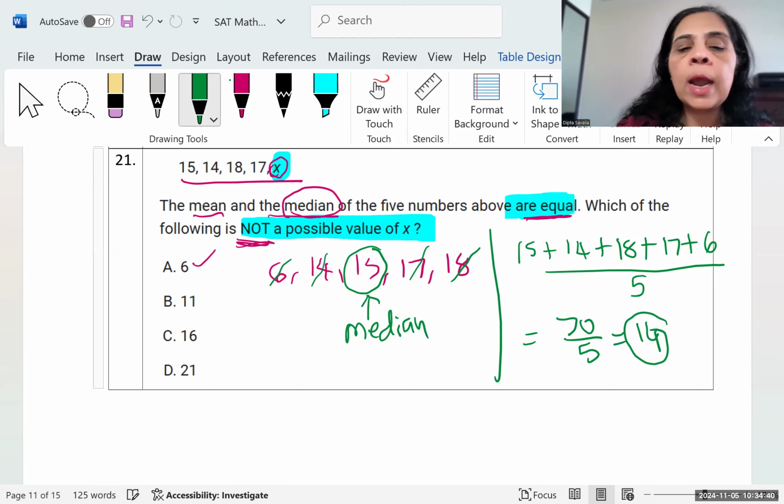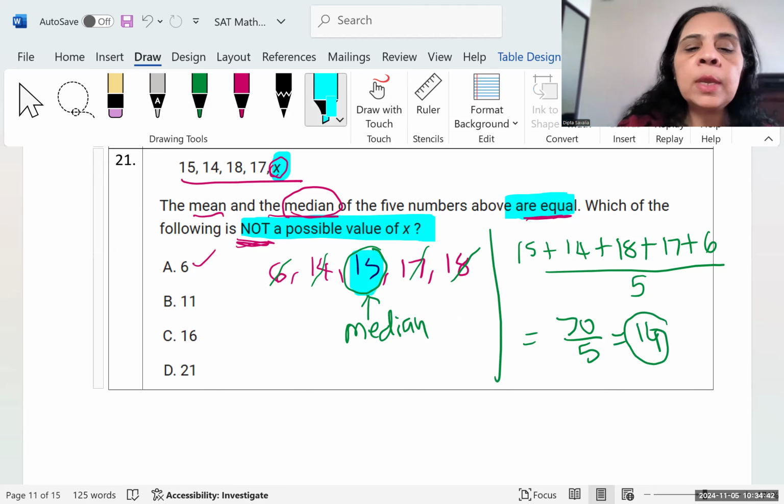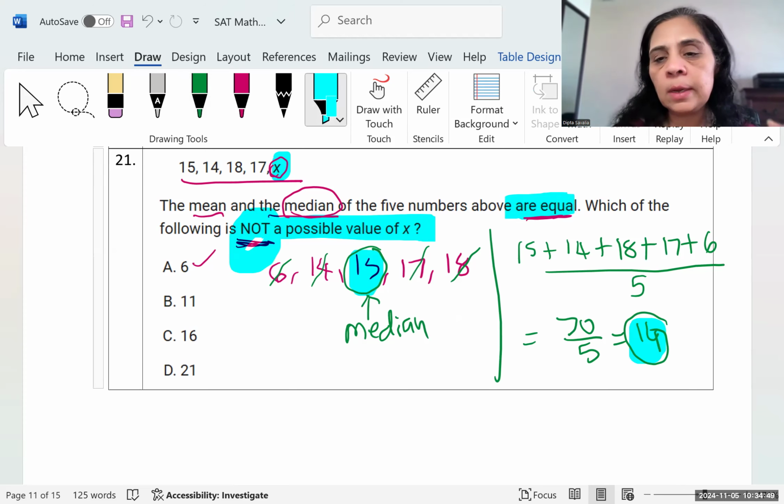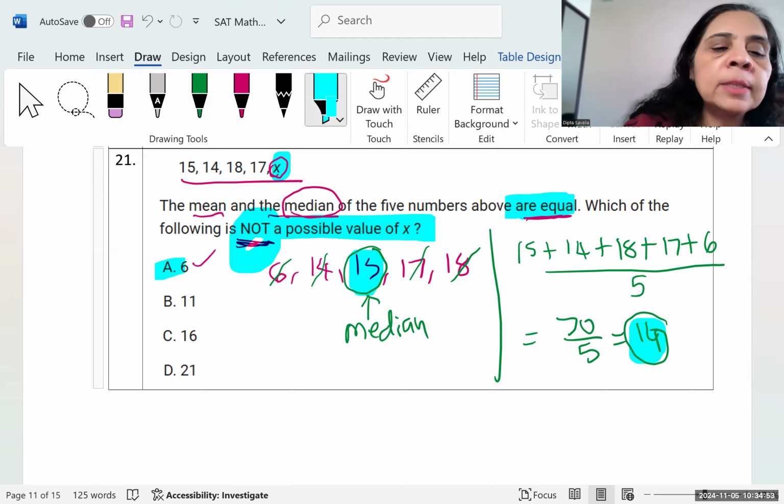So they are different. So we found the answer, right? We are looking for not possible. So when you plug in this number, the mean and median are different, right? So my answer choice is A.